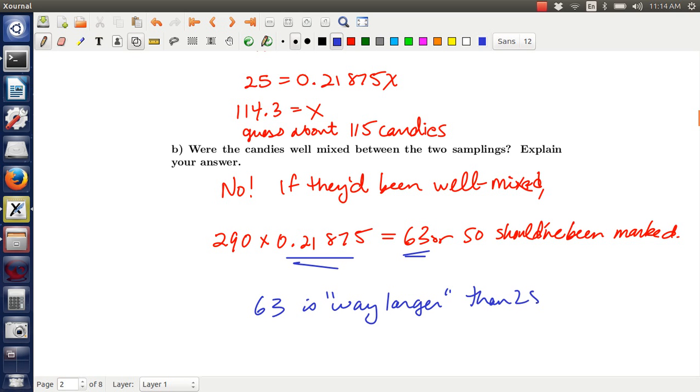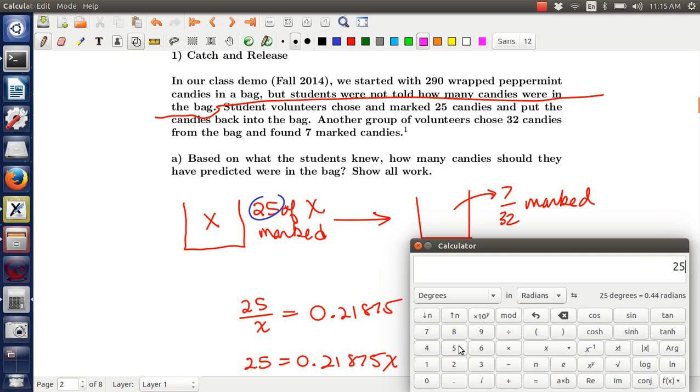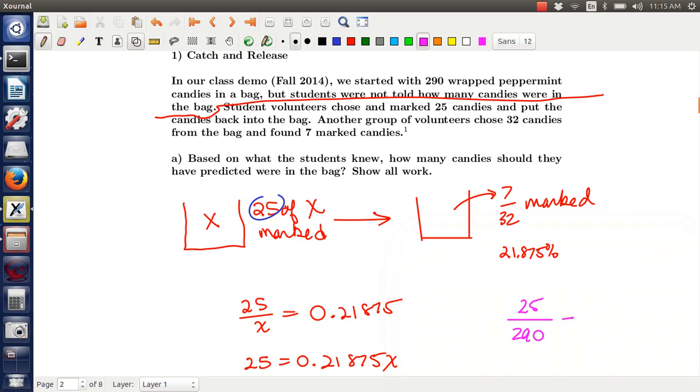63 is way larger than 25. So what's another way you could analyze how many should have been marked? You could have said, well, if we knew that 25 out of the whole were marked, what is that ratio? 25 out of 290. So 25 divided by 290 is 0.086, so 8.6%.